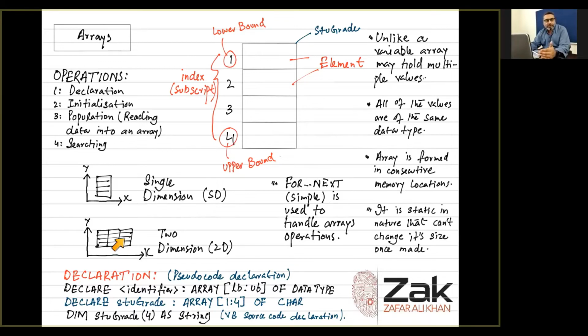In pseudocode, there is a clear way of declaring the array. In Visual Basic or other languages, there would be different ways of doing it. For example, in Python, there is no specific way we can create an array. There we use lists as arrays.